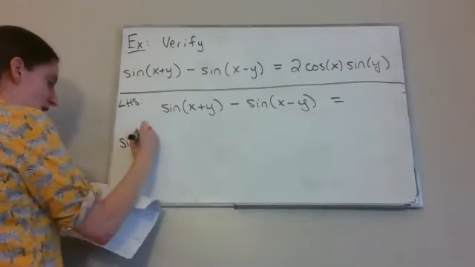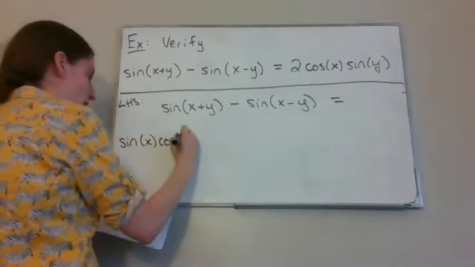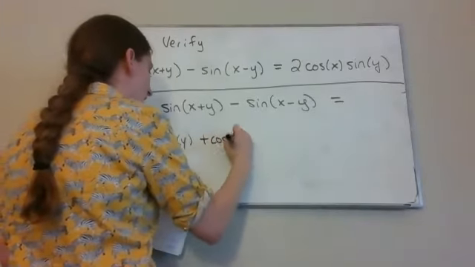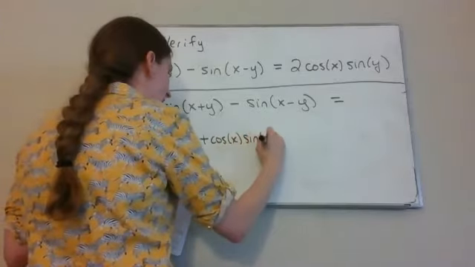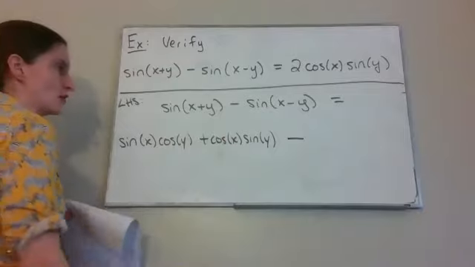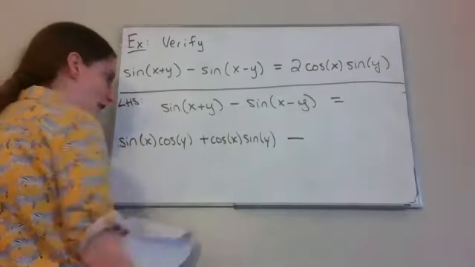I get sine of x cosine of y plus cosine of x sine of y. And then I need to subtract what I get for the sum or difference formula for sine of x minus y.